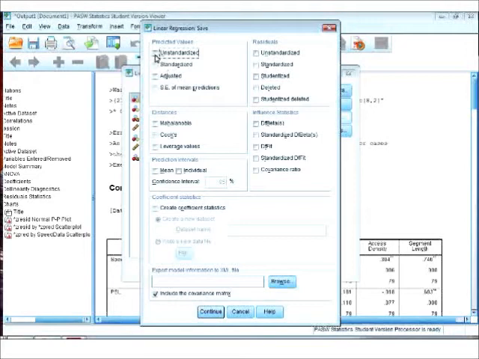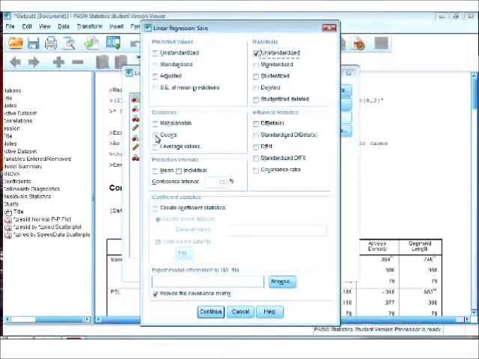While doing the correlation analysis, we can also ask it to compute the residuals. So let's say predicted value, unstandardized residuals. We are asking it to compute the residuals. What is Cook's distance? Cook's distance is the distance of the outliers from the mean.